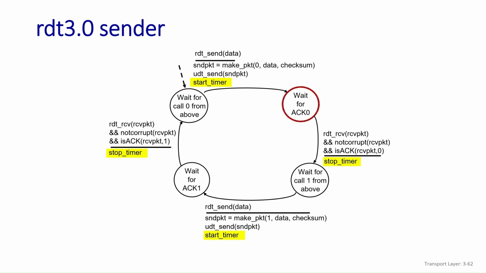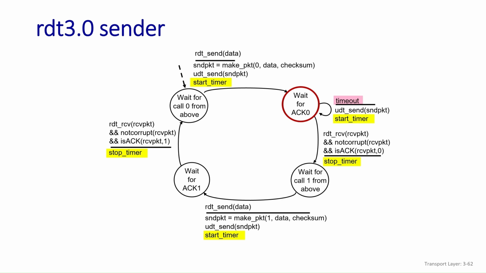But what if we are waiting for acknowledgement and the timer goes off? The action is that the packet will be sent again with the timer started, and we will again wait for its acknowledgement.